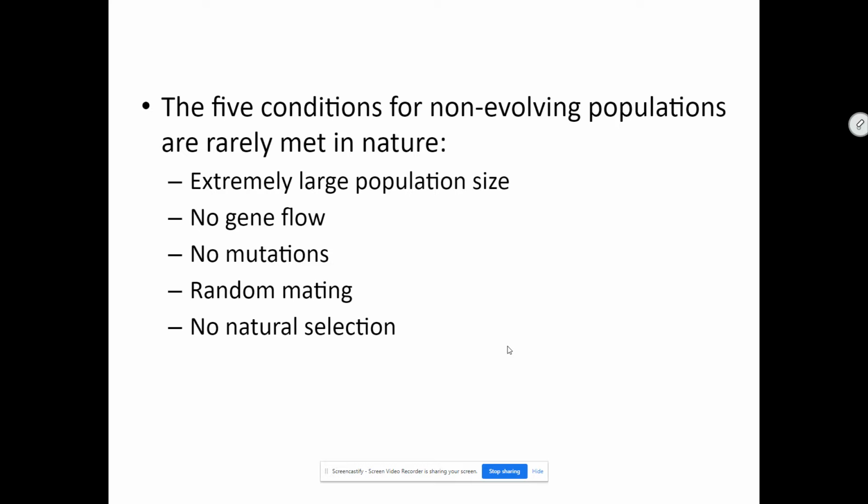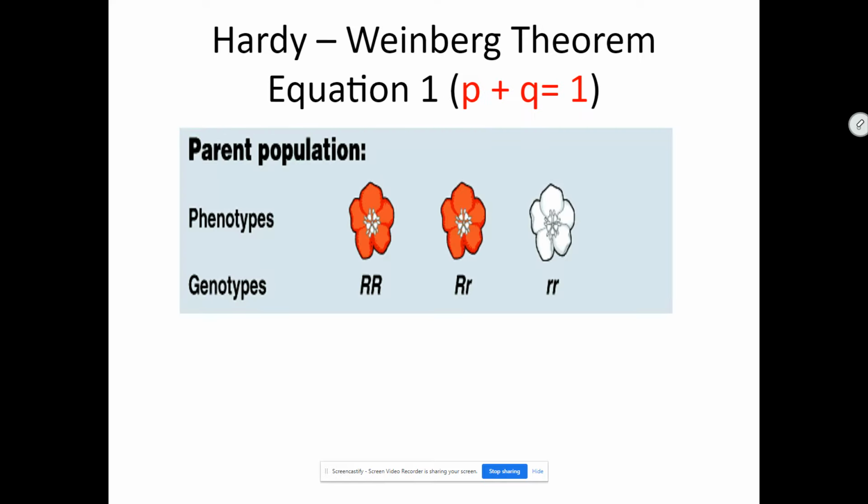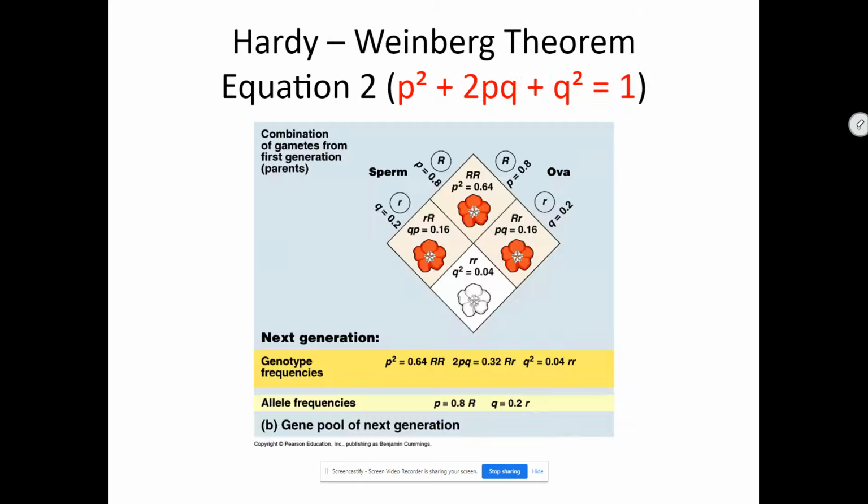So what if a population is not changing? Let's say we come to a population and, P plus Q, you have 0.5, 0.5. Let's go back to our flowers back here, and the population looks like this.